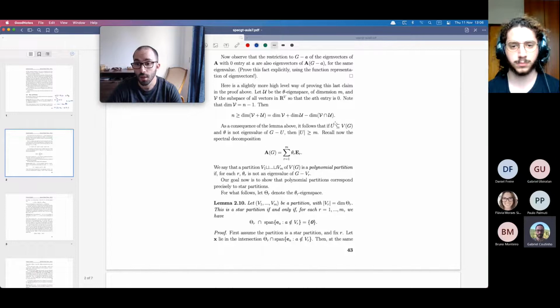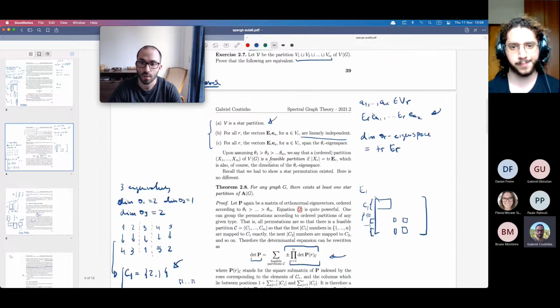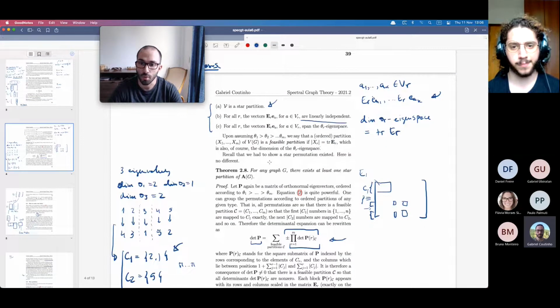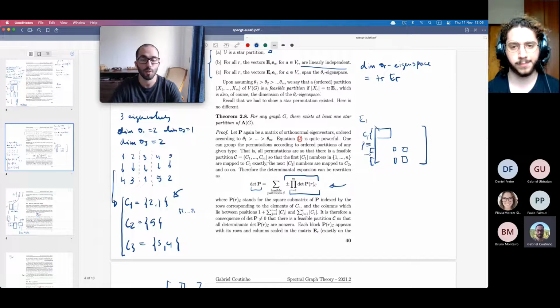And then we discussed several things about these partitions last class. For example, I showed that every graph has at least one star partition, because we can very interestingly write the product of the determinant in this nice, fun way.